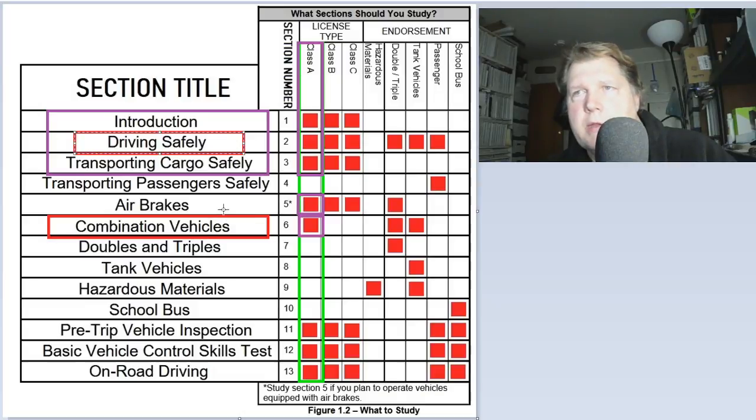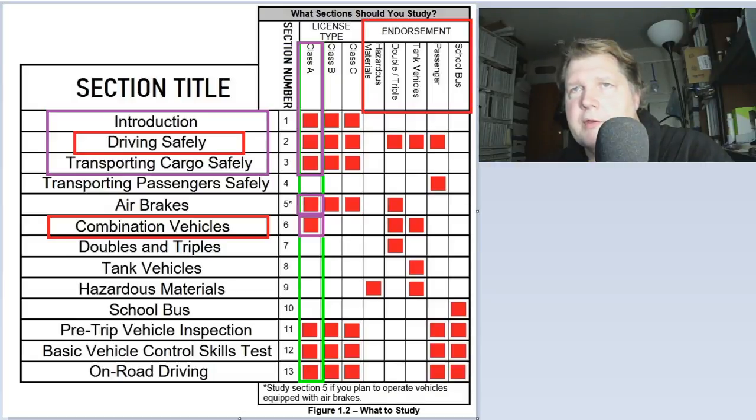Now, if you're going to be transporting cargo, you're depending on, you've got these endorsements here. Now, if you want to transport hazardous materials, like gasoline, which pays pretty good, you would need this one here.